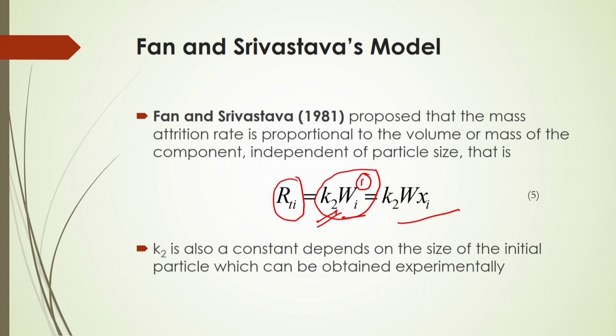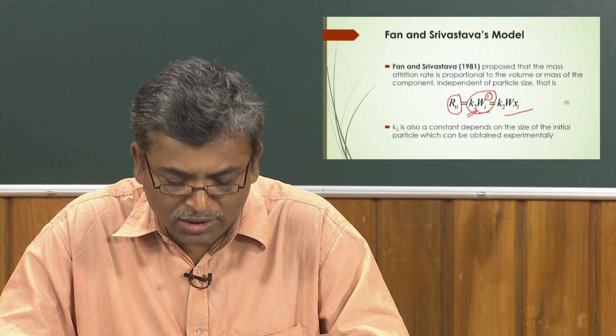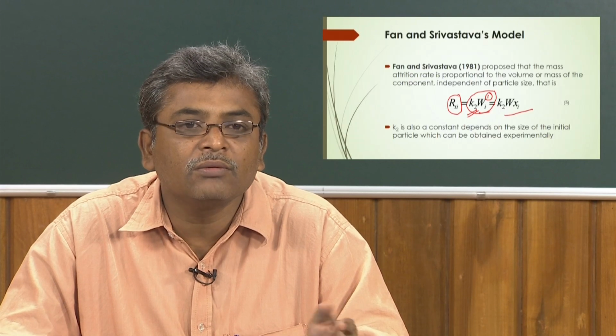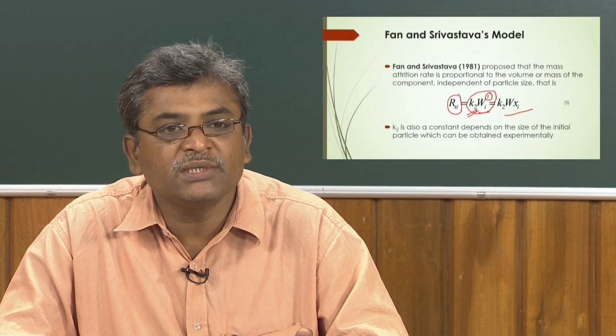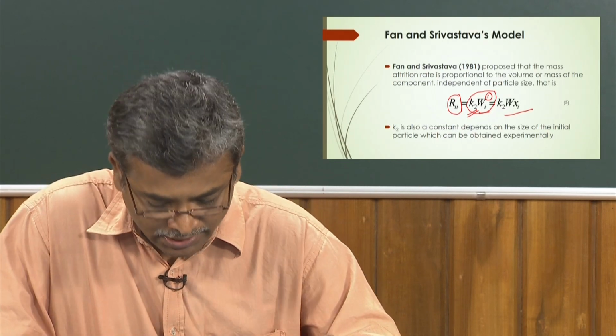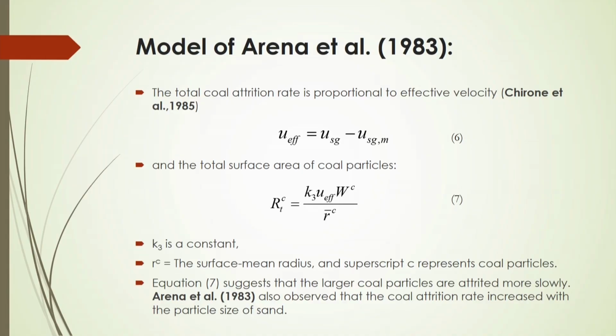So, if you are only considering one initial size of particles, then for that particular class of particles it will give you the attrition rate. So, basically this is for a single class of particles here. And another model is called Arena's model.